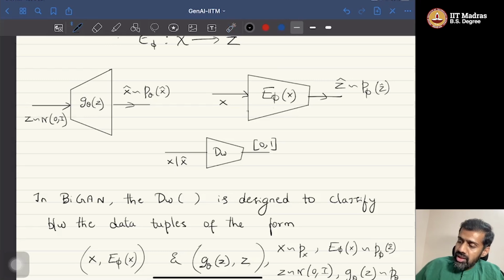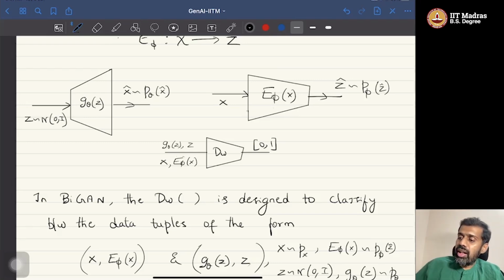So now the discriminator will not take x and x cap, but will take pairs. One pair is x and E_phi(x). The other pair that it takes is G_theta(z) comma z.